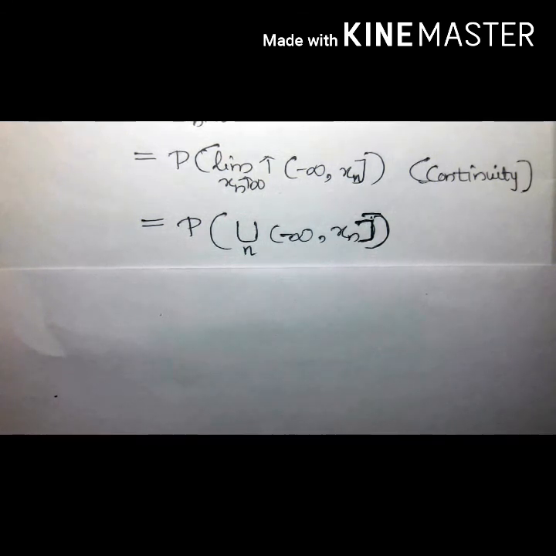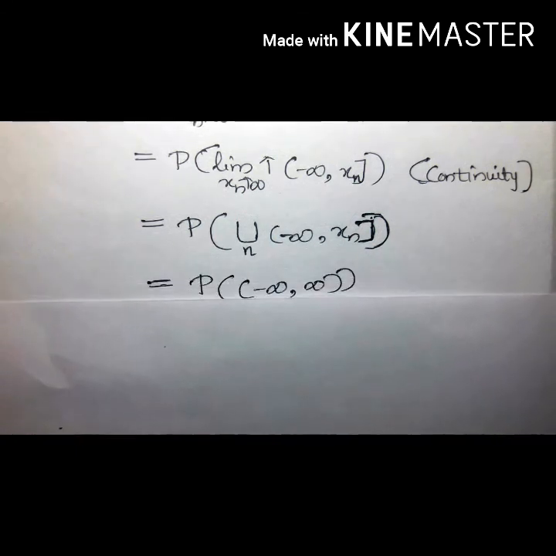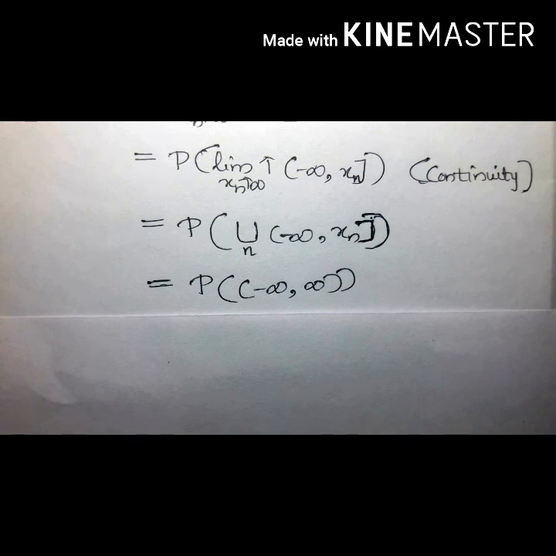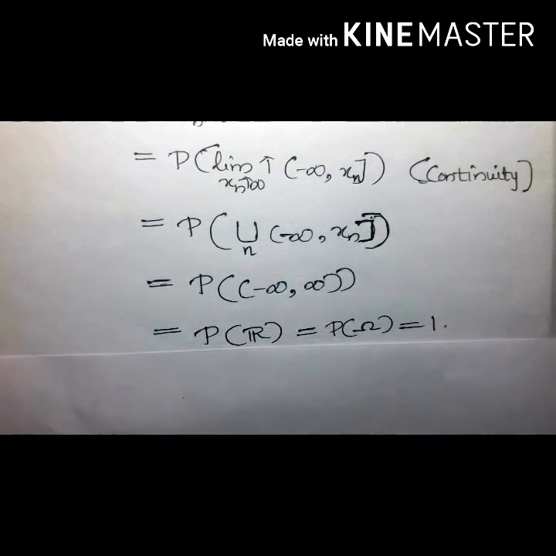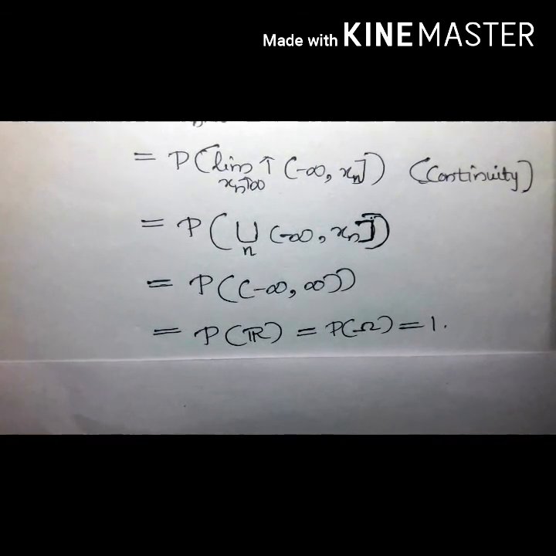Now taking the union of these intervals over n, we get p of the interval minus infinity, infinity, and open minus infinity, infinity is R itself, therefore it is equal to p of R, and R is our omega, so it is equal to p of omega, and that is equal to 1.